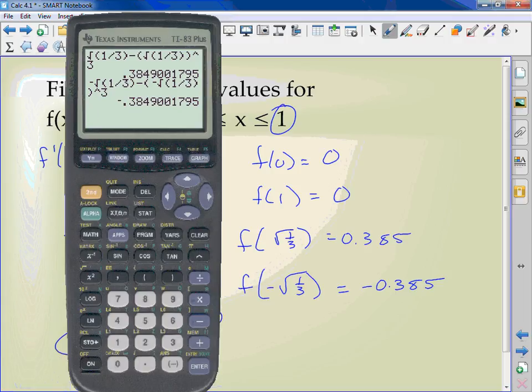What do you know? What are my minimums? My minimums are at 0 and 1. What's my maximum at? Square root of 1/3.